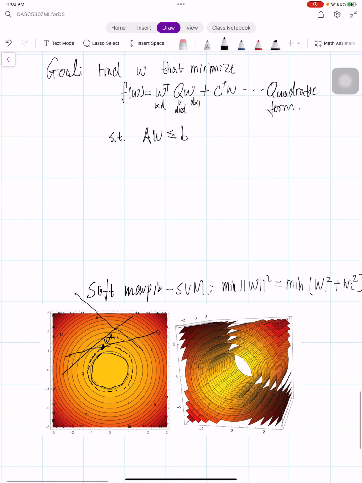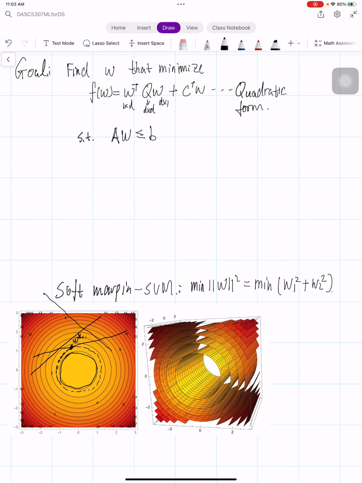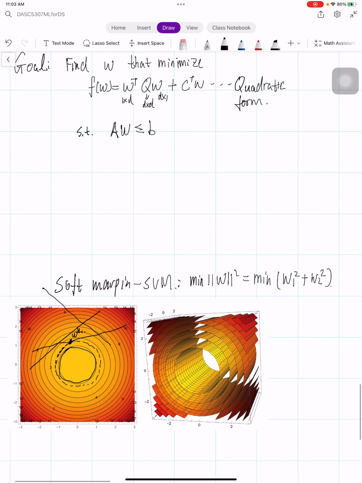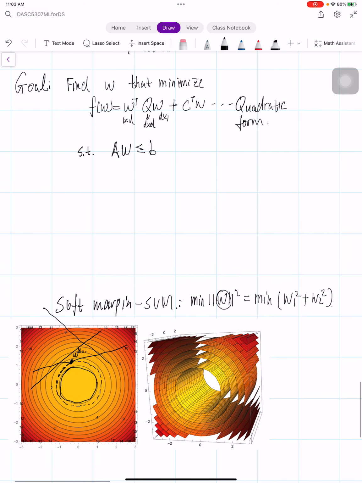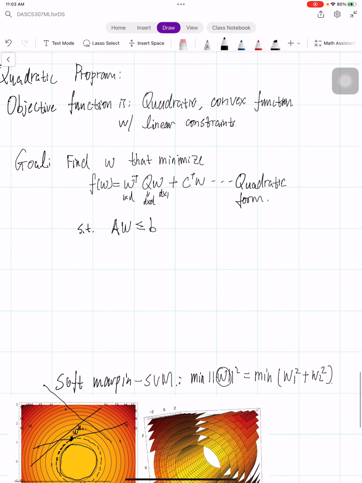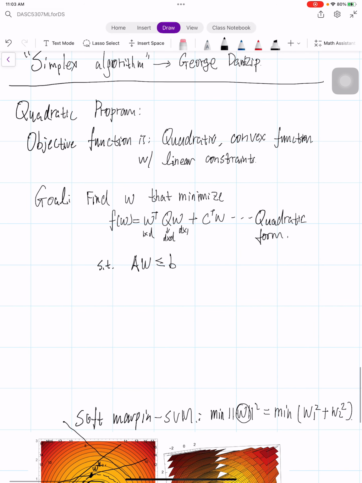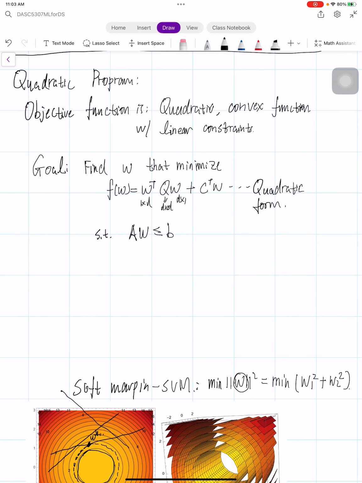So this is just one example where we apply it. In the lab, you already applied this to solve the soft margin support vector machines. This technique is called quadratic programming. And usually this Q is positive definite.